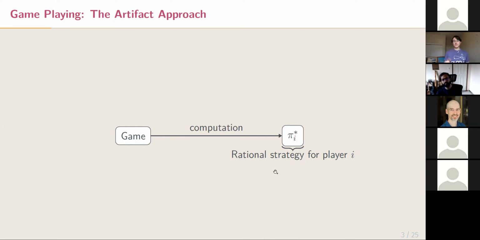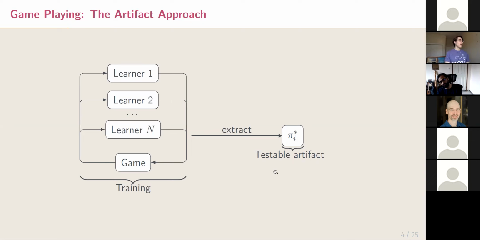And ideally, this strategy is rational or optimal in some sense. One way that we often do this is we'll take a learning algorithm, we'll put it in every position in the game, and we'll have those learners all play together, training over time, and eventually we'll extract some testable artifact, again, a fixed static strategy that we'll use to play the game.